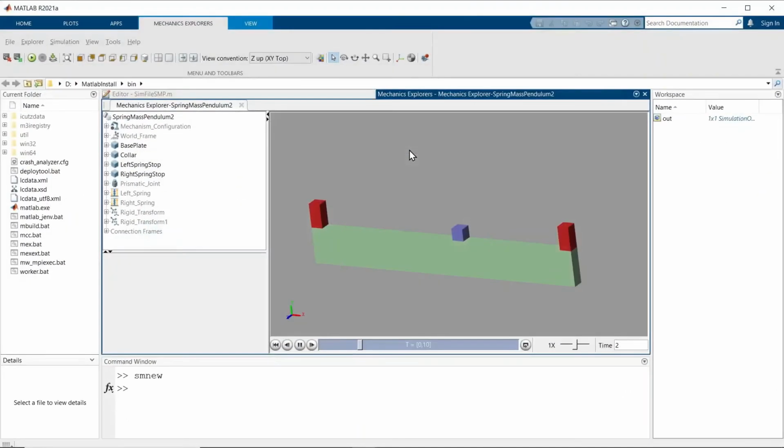So let's have a look at it. Yeah, there, now it's going back and forth. It starts 0.25 meters to the right, due to that initial displacement of the spring.